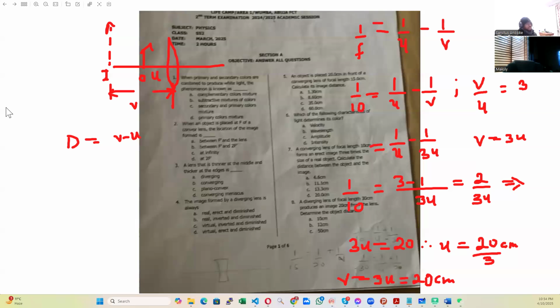So the distance between the image and the object, the distance between the object and the image, will be 20 minus 20 over 3.